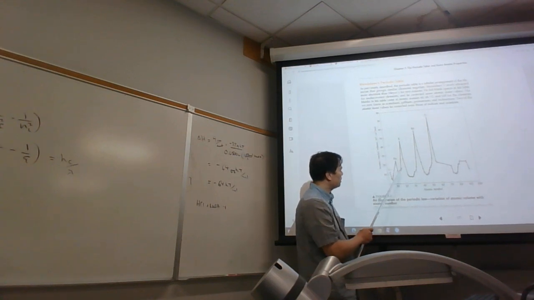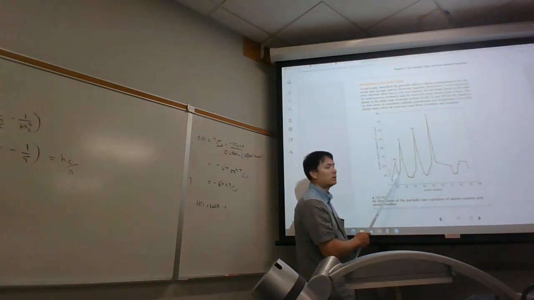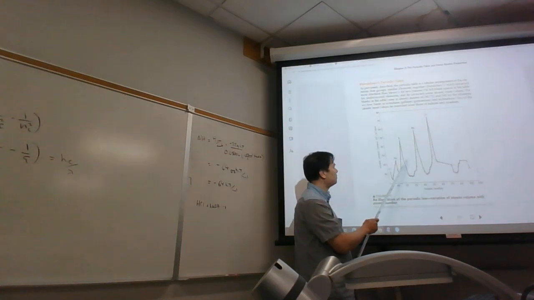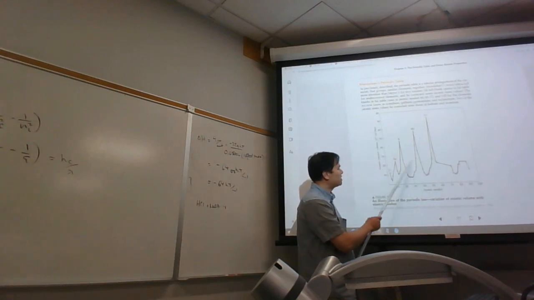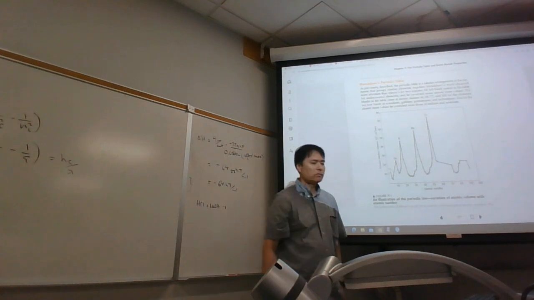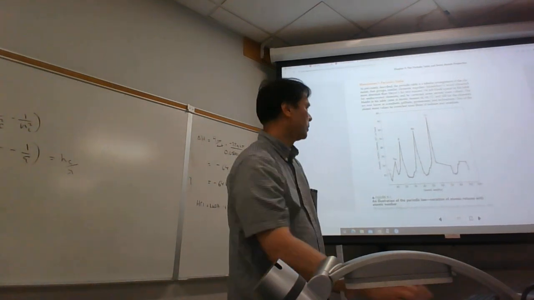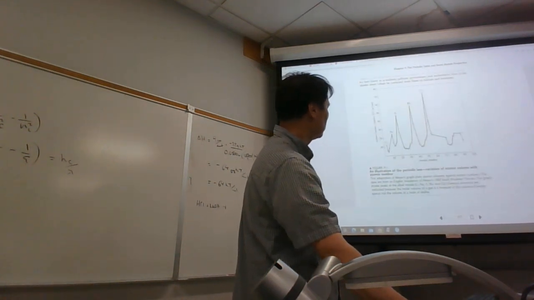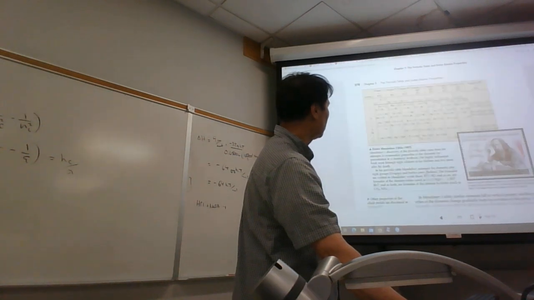And then this is sodium, magnesium, and aluminum down here. Potassium, calcium. And so we see this dip here, and then it goes back up here. We want to understand some of these. These are called periodic patterns or periodic trends. And so we're looking at that.